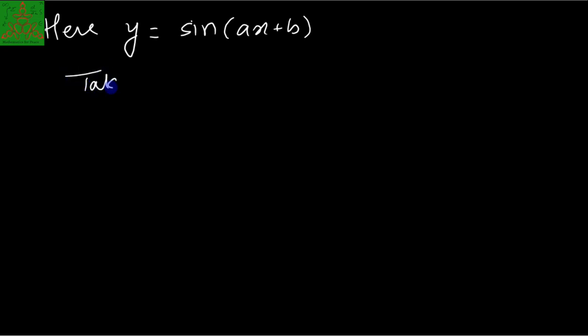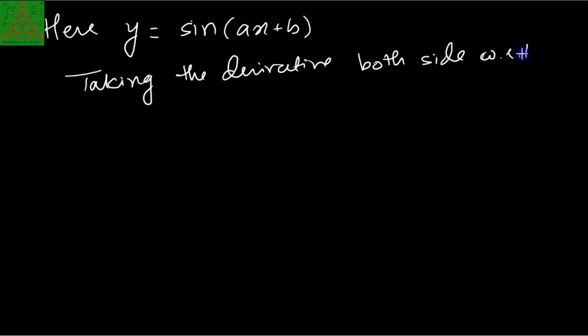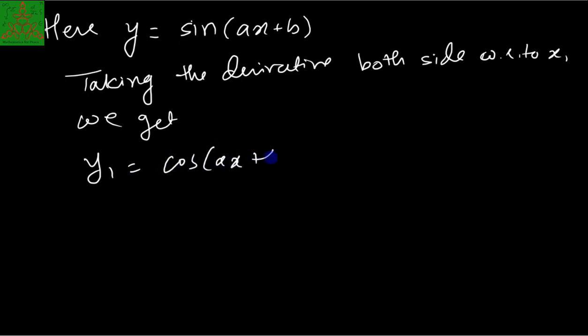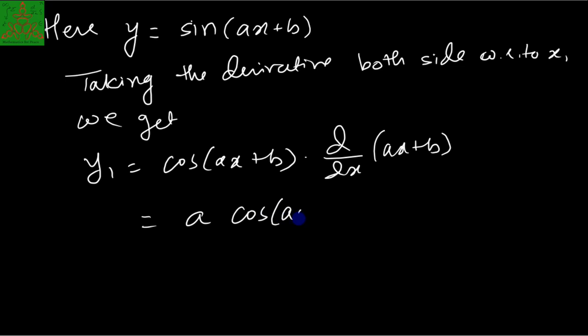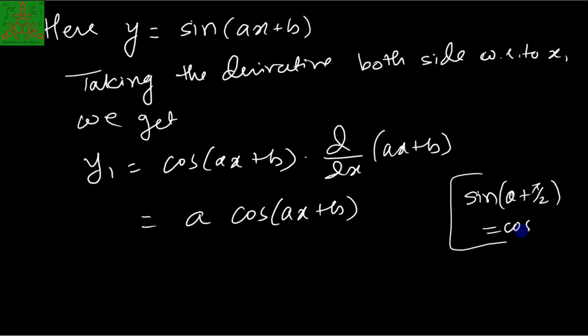So taking the derivative both sides with respect to x, we get y_1 is equal to the derivative of sine, we know it is a cos, and using the chain rule, that is d by dx of ax plus b we can write, and if you simplify that, it is a cos(ax + b), and we know that the formula for changing the sine into cos is sine(theta + pi by 2) will be cos theta.